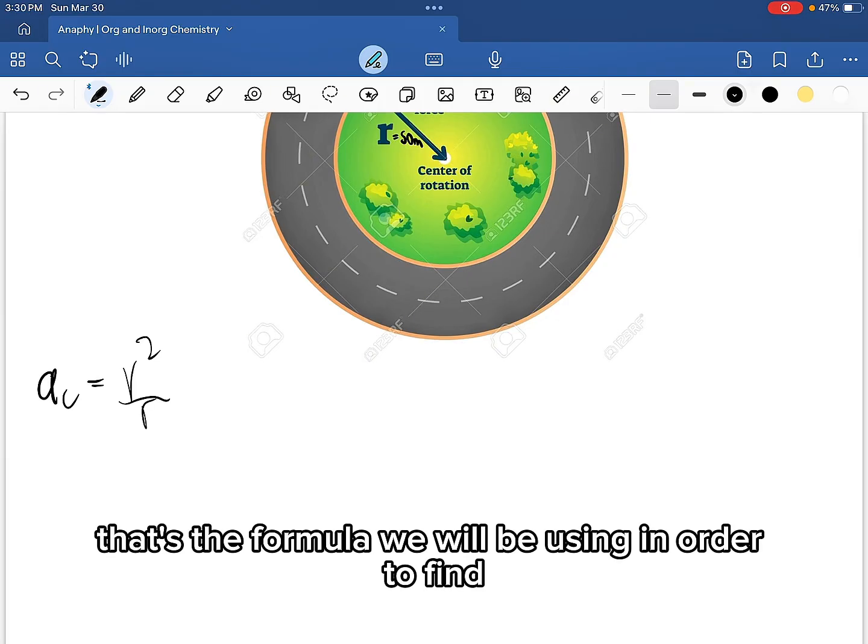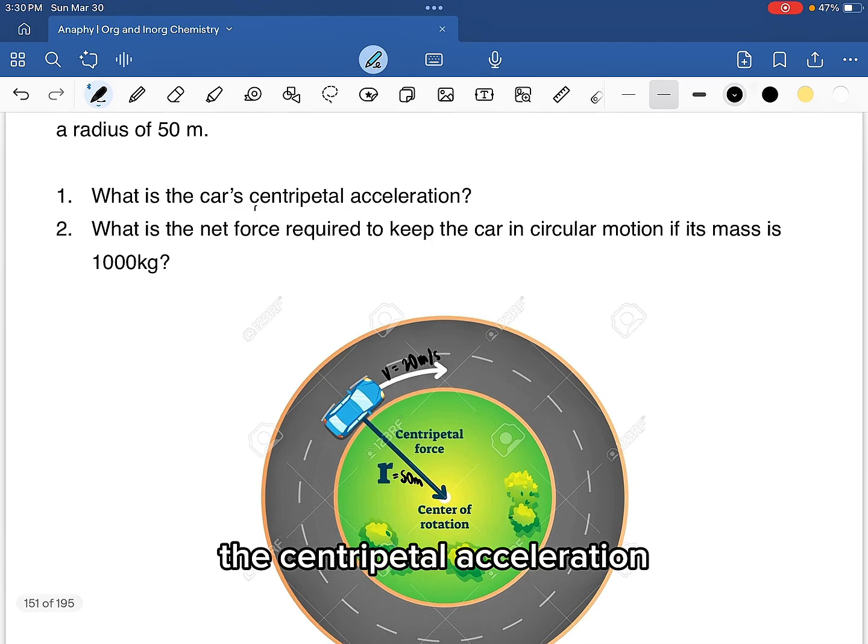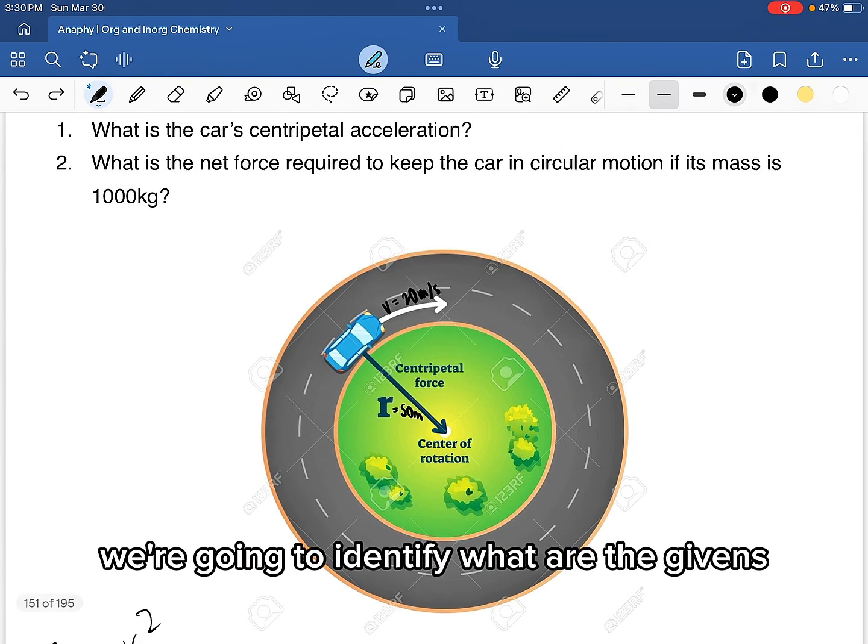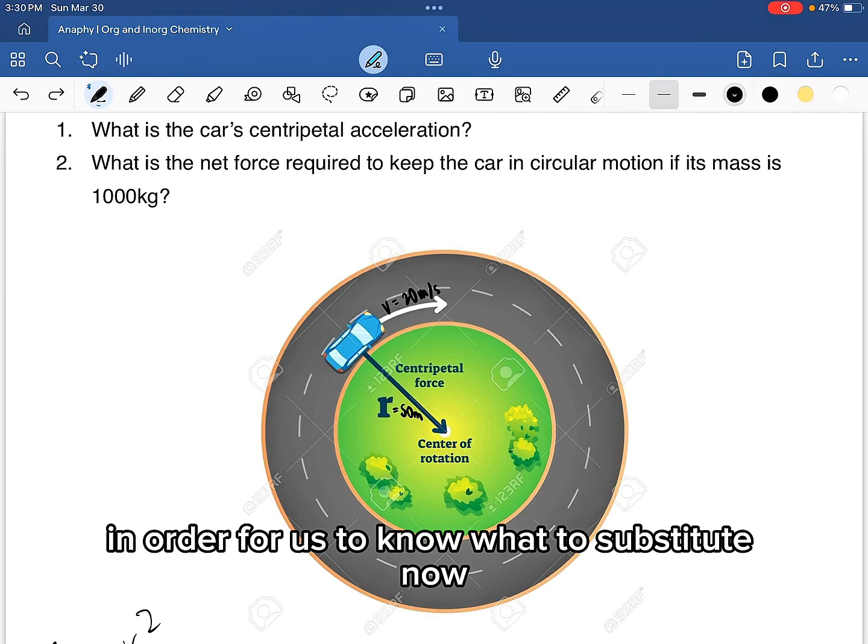That's the formula we will be using to find the centripetal acceleration. But first, we're going to identify the givens in order for us to know what to substitute.